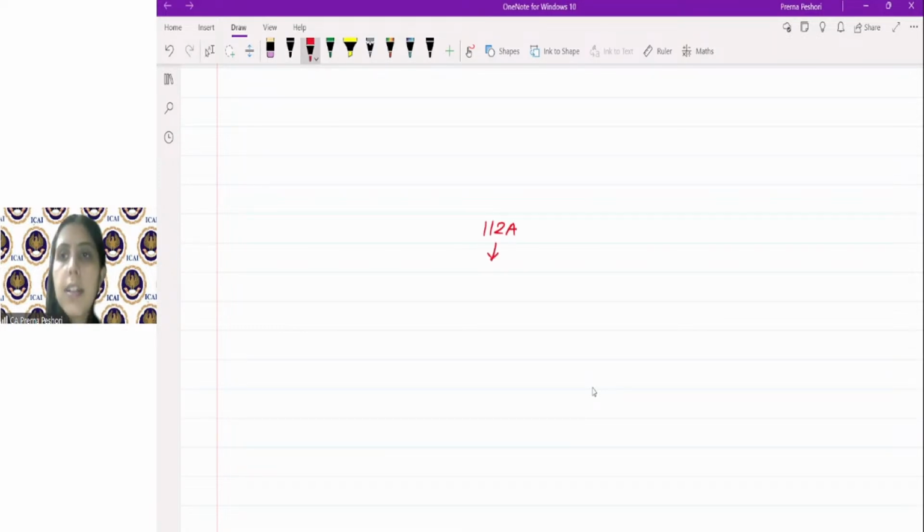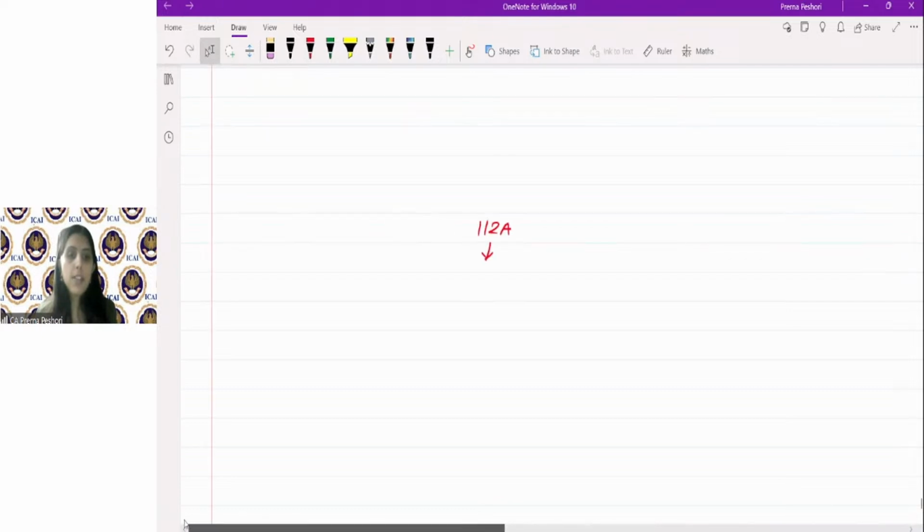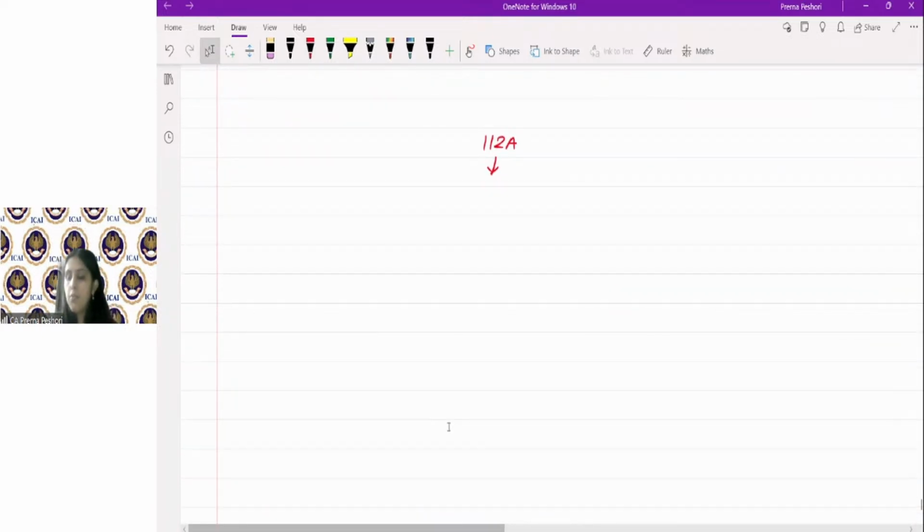Okay. Let's try and understand about 112A. Now 112A, as I said, is for the listed equity shares and equity oriented mutual funds, like the way we have it under 111A. So you can write it down. What are the assets which are covered over here?